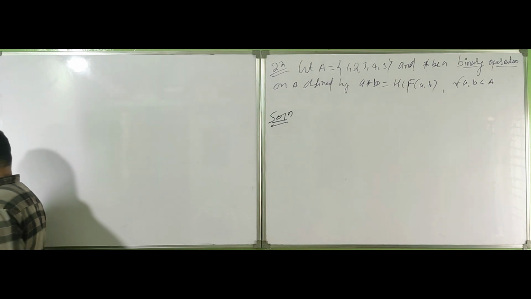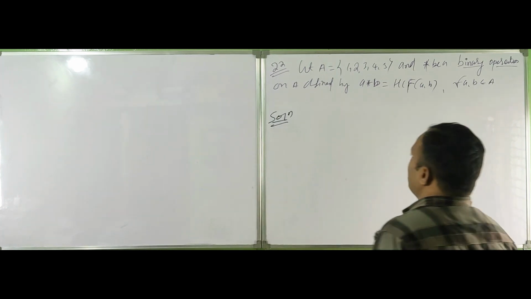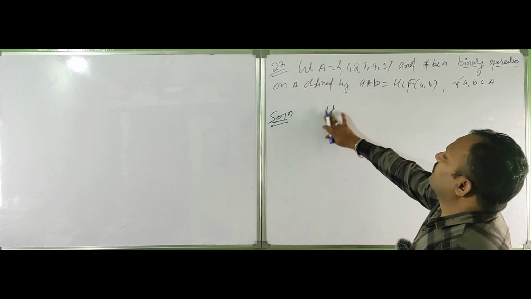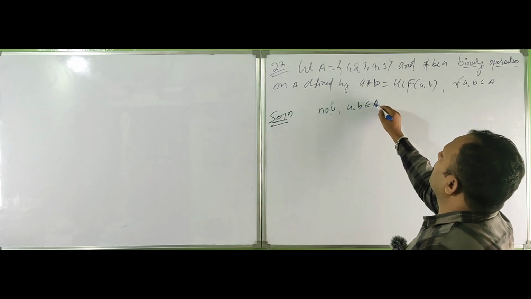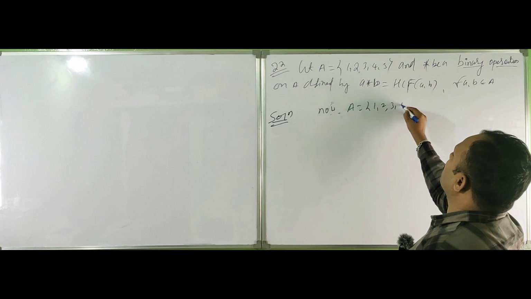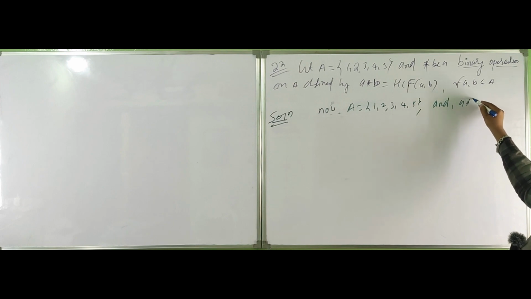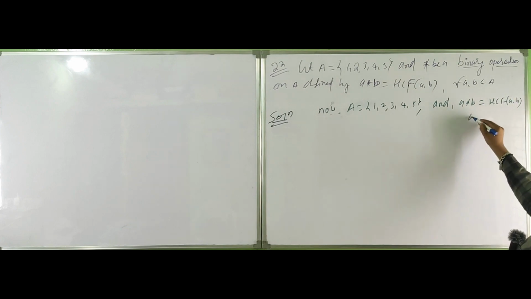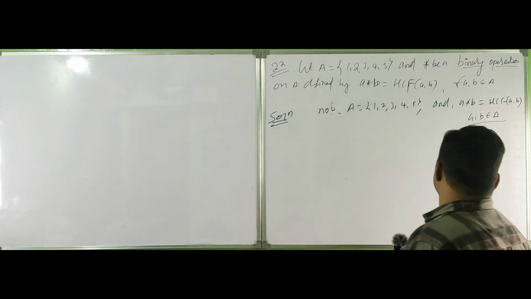Let A be the set 1, 2, 3, 4, 5 and A star B is equal to HCF of A and B, where A and B belong to A.